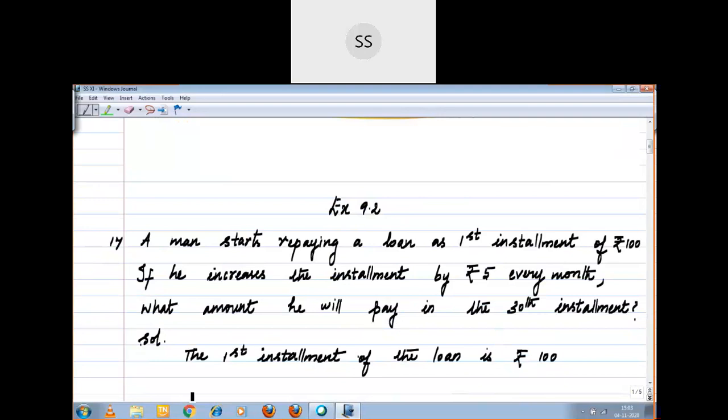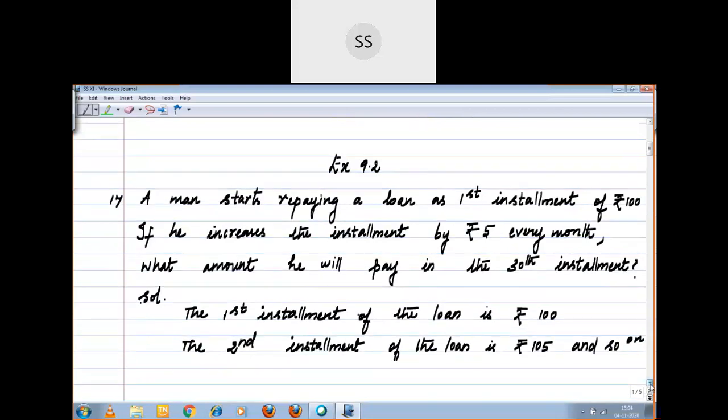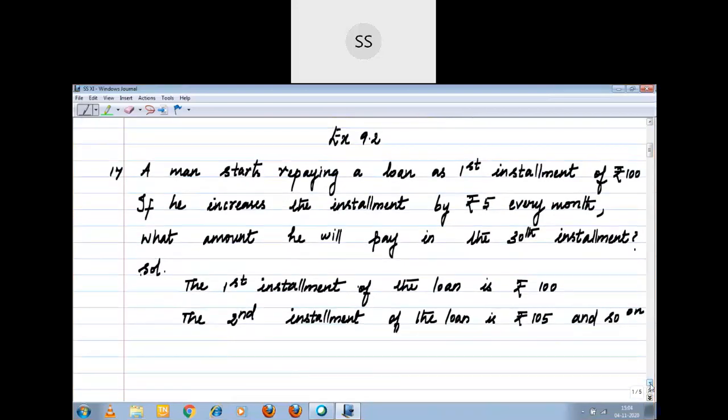The second installment of the loan is rupees 105 and so on. Every month he is going to increase by how many rupees? 5 rupees. So the third month he has to pay 110. Like that it will go on.